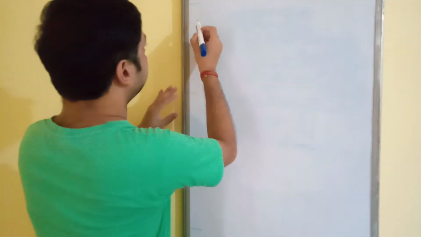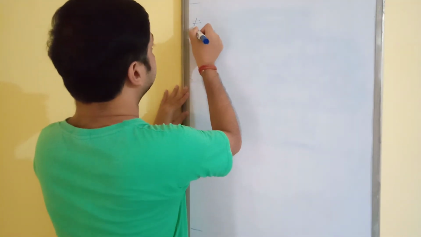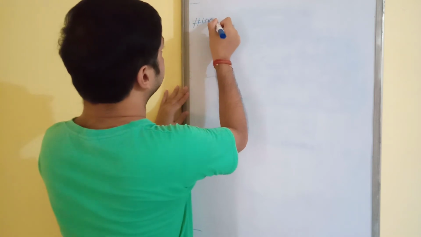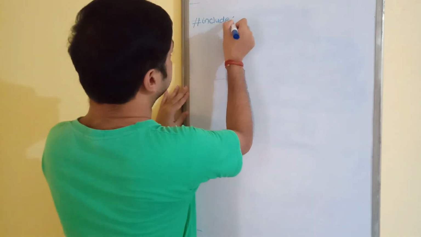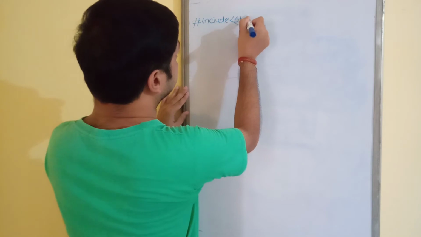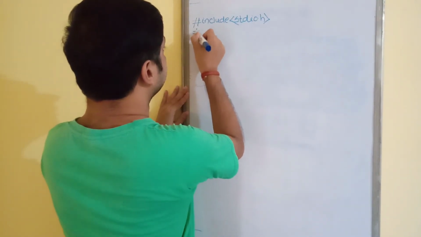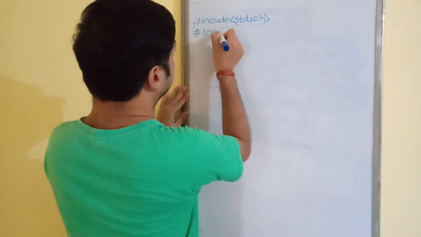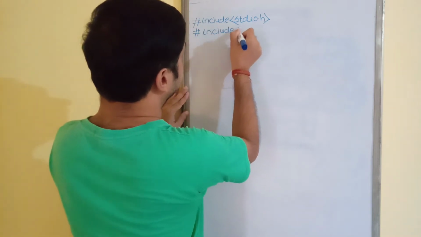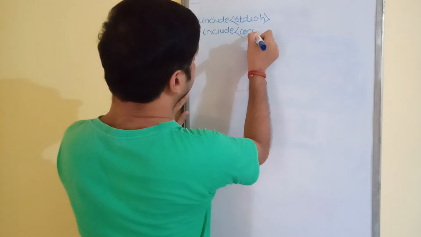Initially, as usual, the header files will be included, that is #include stdio.h. Then next one is #include conio.h.